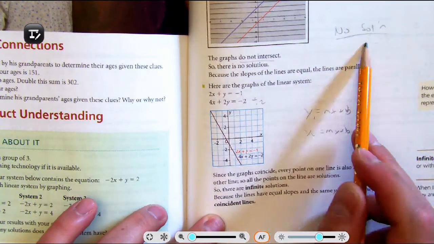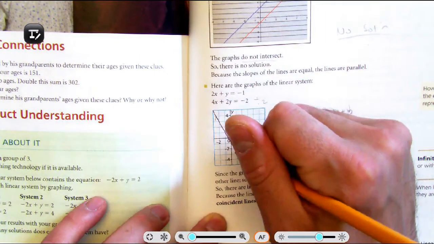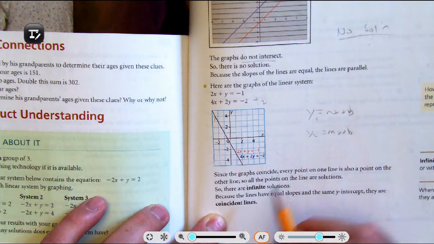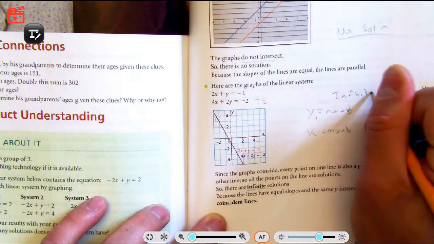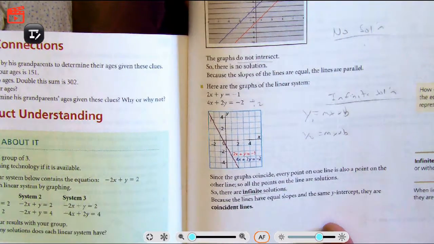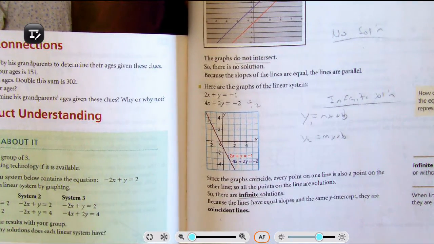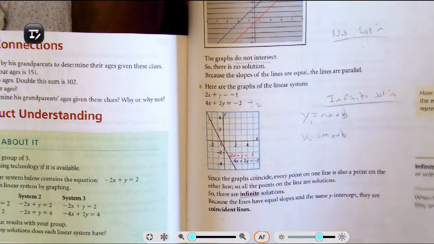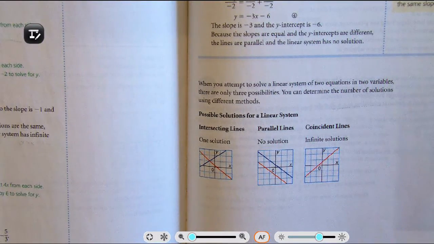You're not going to have no solutions. I know it's hard to see on this textbook, but these lines are actually on top of each other. They have infinite solutions. So you could possibly have infinite solutions because these guys cross or intersect infinite amounts of times, assuming these lines extend forever, right? We call those lines coincident lines because they coincide exactly with each other. But we already knew that because I introduced that the first one.